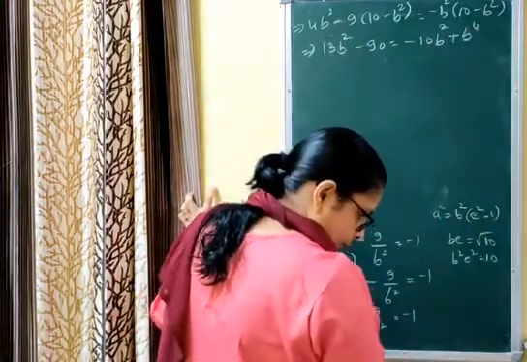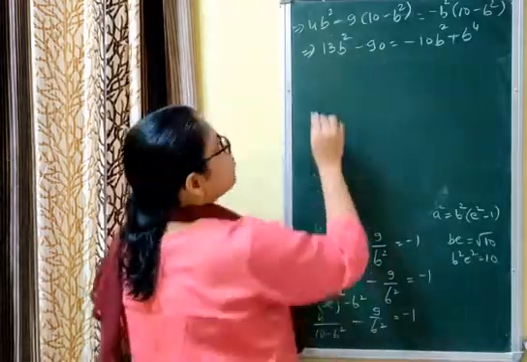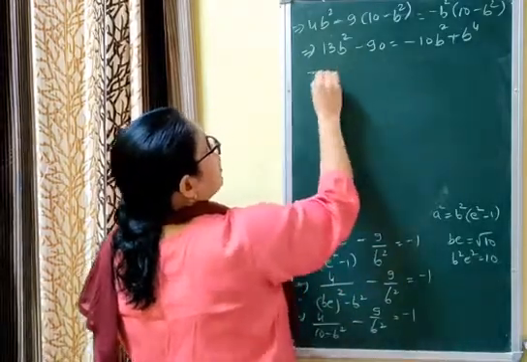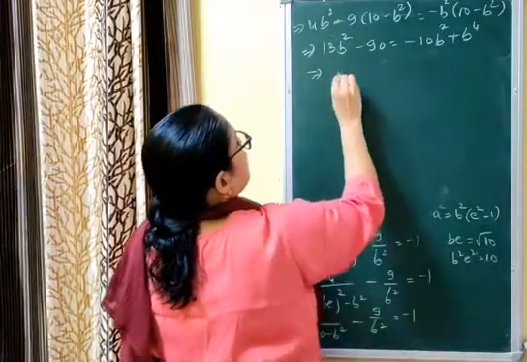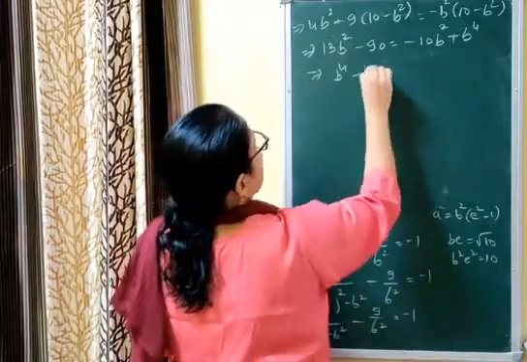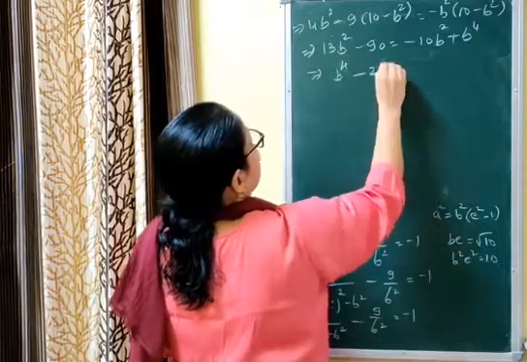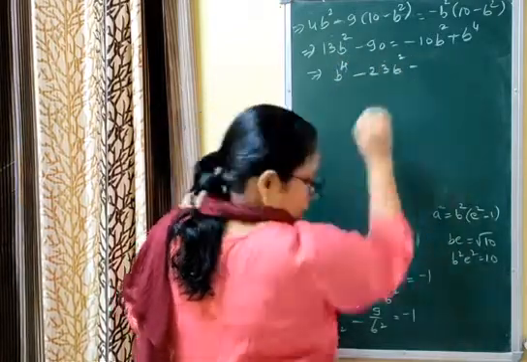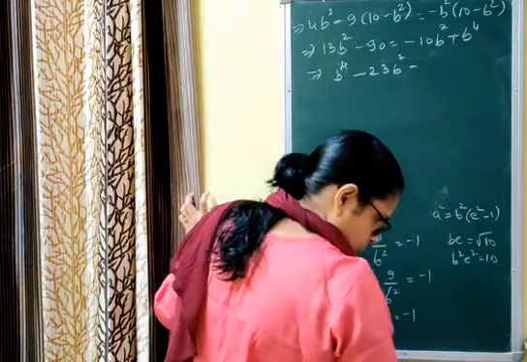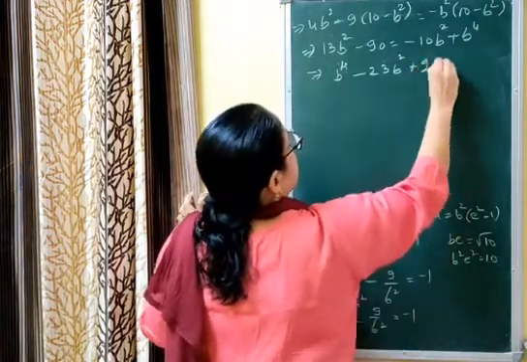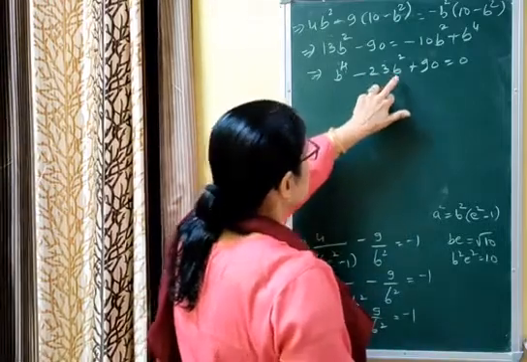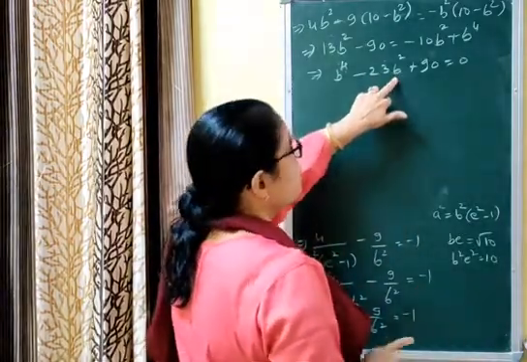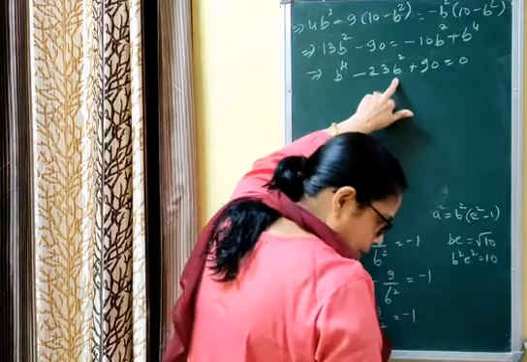Now by converting this into a quadratic equation in terms of b square, we get b raised to the power 4 minus 23b square plus 90 is equal to 0. This is a quadratic equation in terms of b square, not b.